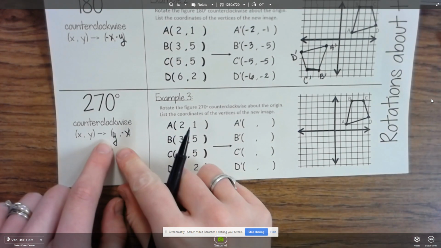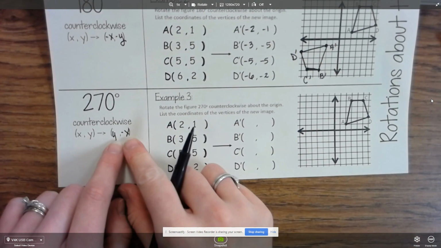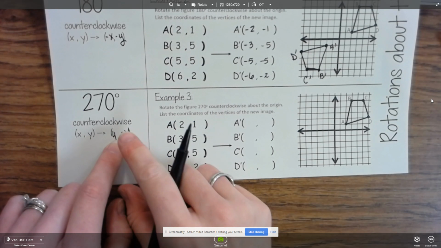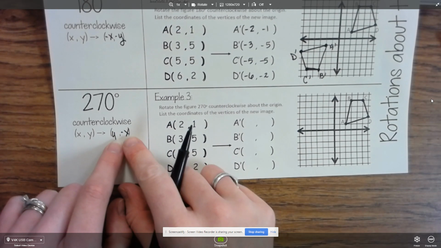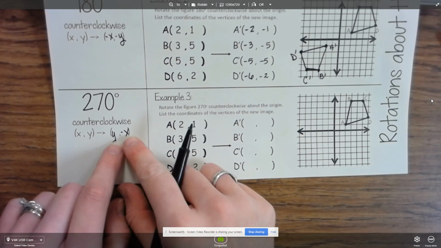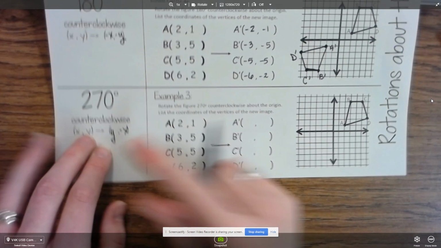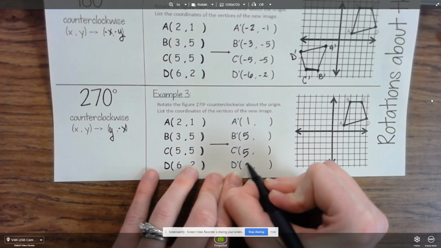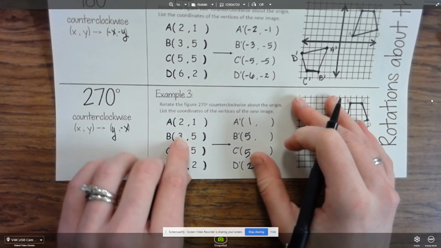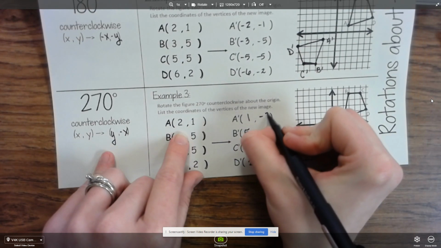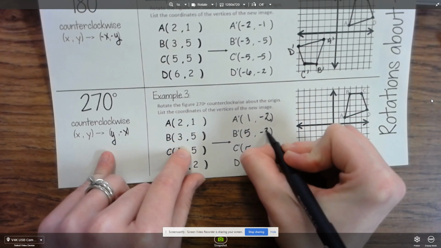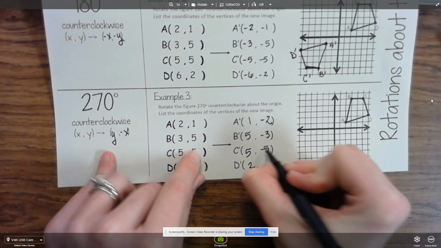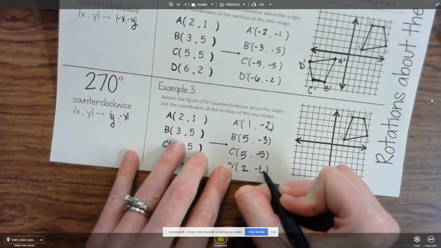All right, last one, 270 degrees counterclockwise. I'm switching the x and y coordinate again, but this time I'm making the x coordinate negative. So what I'm going to do is I'm going to take all the y's, and they're now going to go in the place of the x. And then I take all the x's and I change the sign, and I stick them in the y's spot.